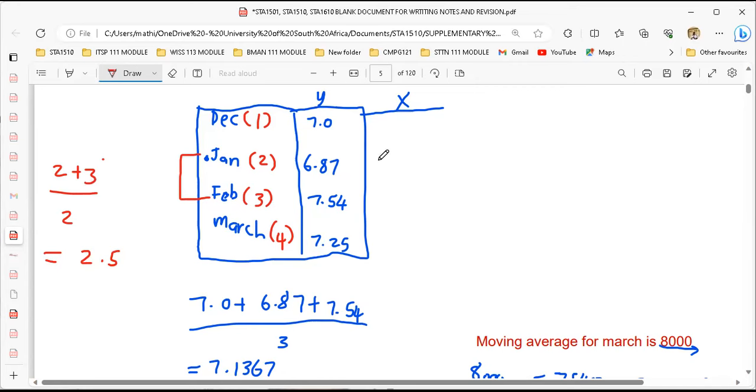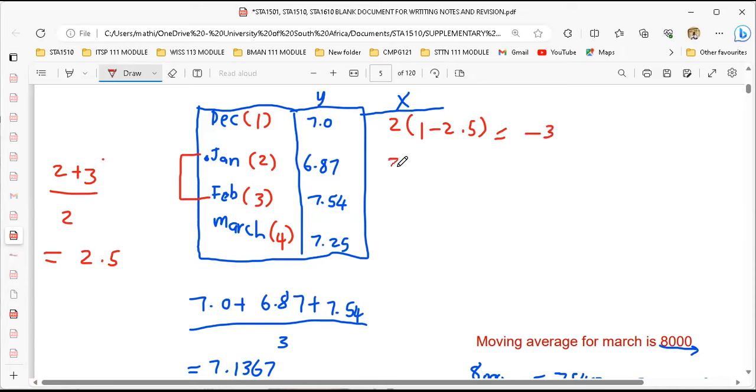For us to find the first x value, we're going to say our x is equal to what? 2 into the ith period minus 2.5. So it's 2 into 1 minus 2.5, and then it's -3.